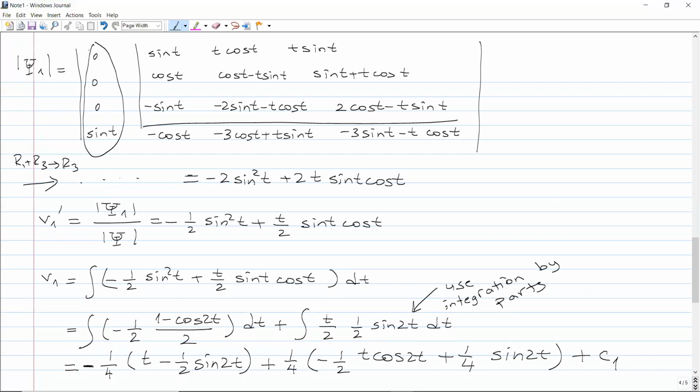We use the first column, but for sine t, we need to check the sign. Is it plus or minus? The first one starts with plus, minus, plus, minus, so it comes with a minus sign, don't forget. So this determinant is minus sine t times this 3 by 3 determinant. But this result should be correct.